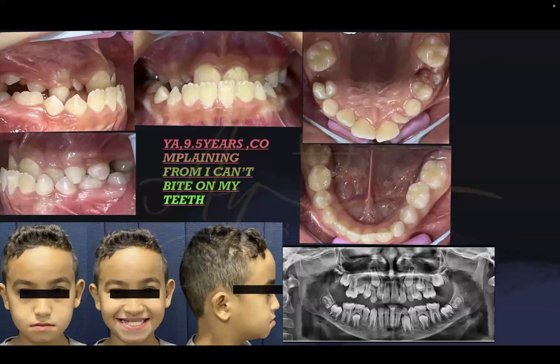What are the approaches used to reduce the negative overjet? Can you repeat the question, ma'am? What are the approaches used to reduce the negative overjet?